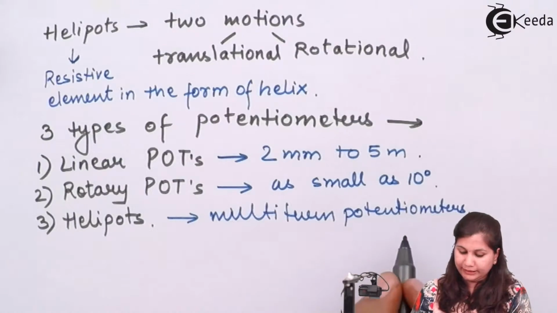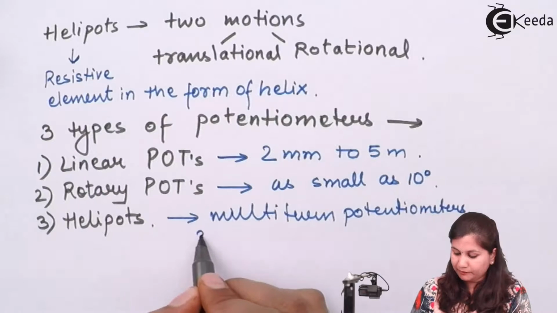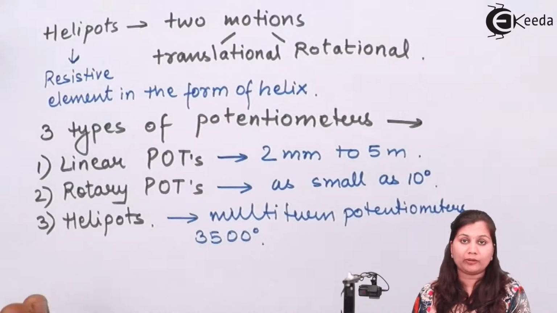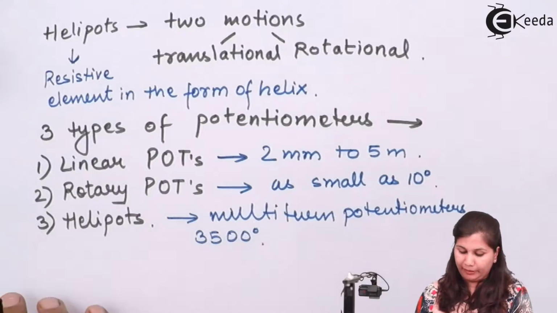And with these multi-turn potentiometers, a maximum of about 3500 degrees of angular displacement can be measured.